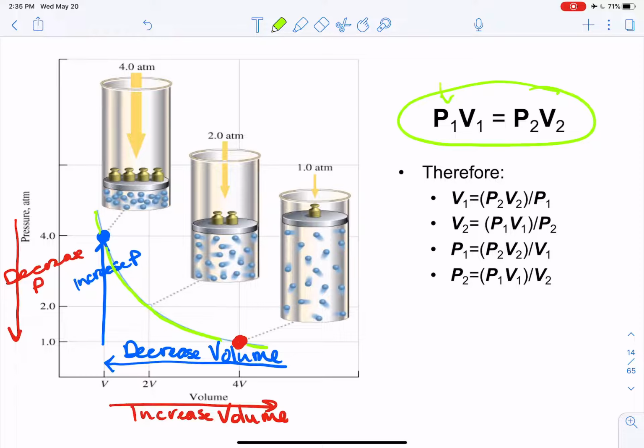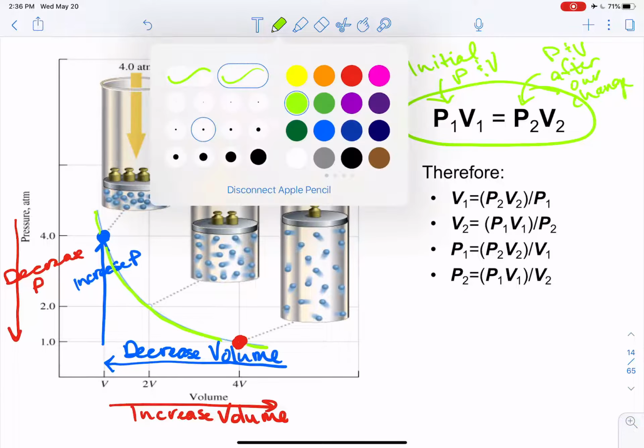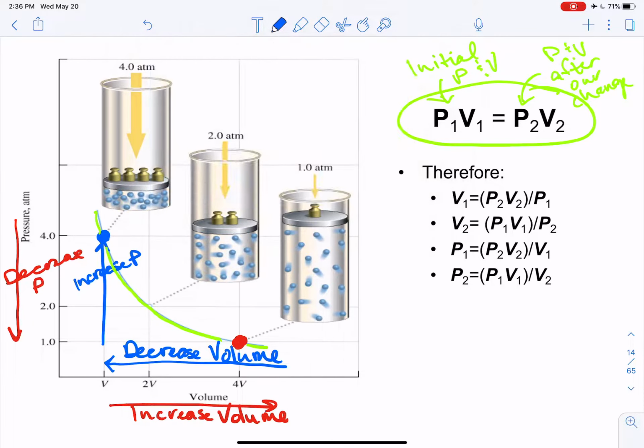Right here we have our initial pressure and volume, and right here we have our pressure and our volume after our change. And they need to equal each other.